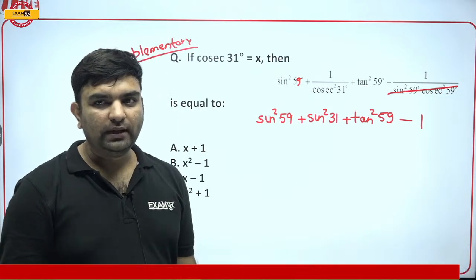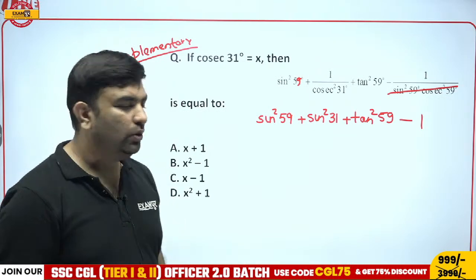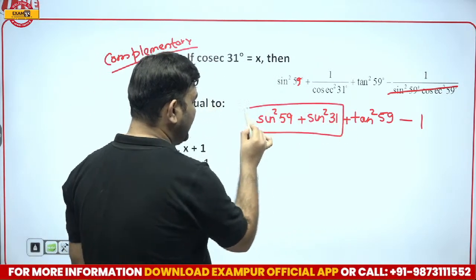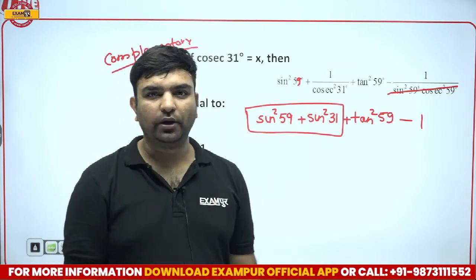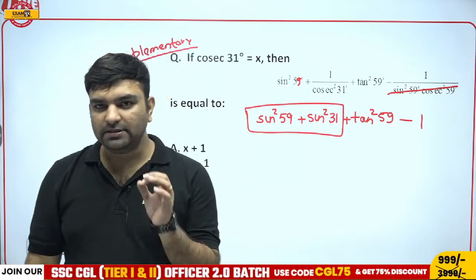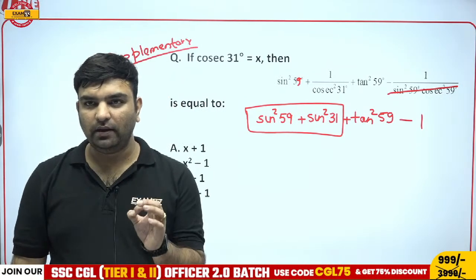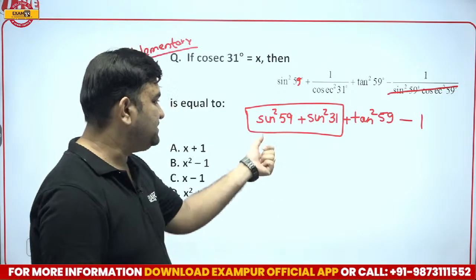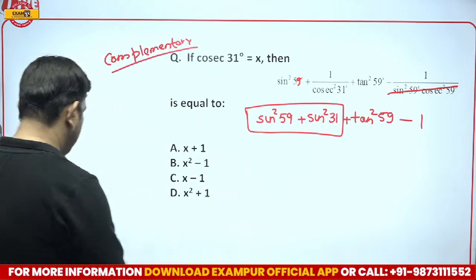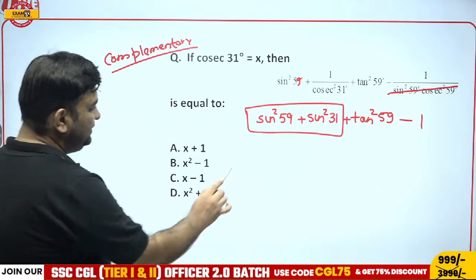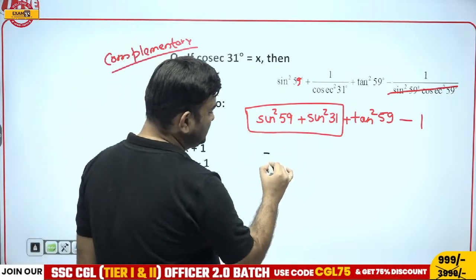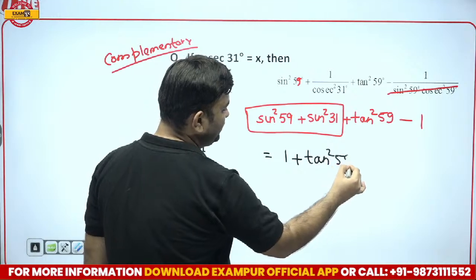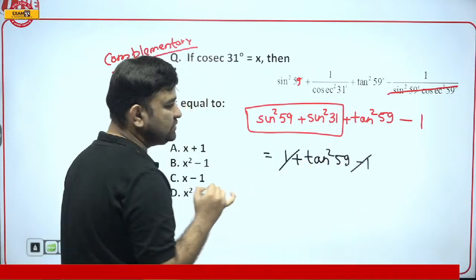I told you in the previous class, if a plus b is 90, then sin square a plus sin square b is 1. So 1 plus tan square 59 minus 1. The answer is tan square 59.